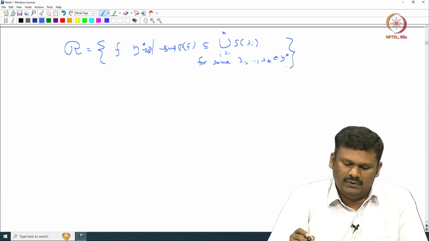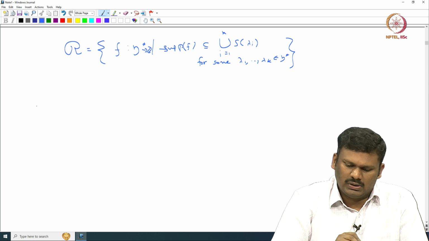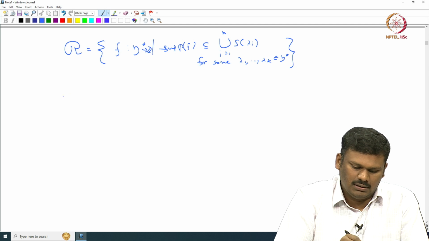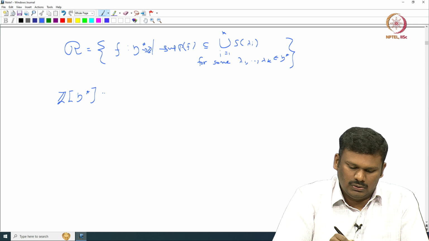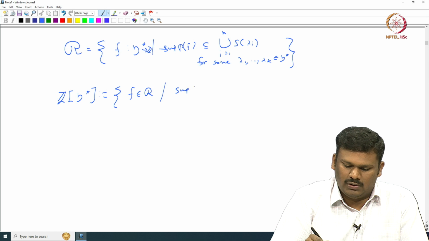So, this is our character ring. Now we also have an important subring. Let us take this as the definition: it consists of those f in R such that the support of f is indeed finite.